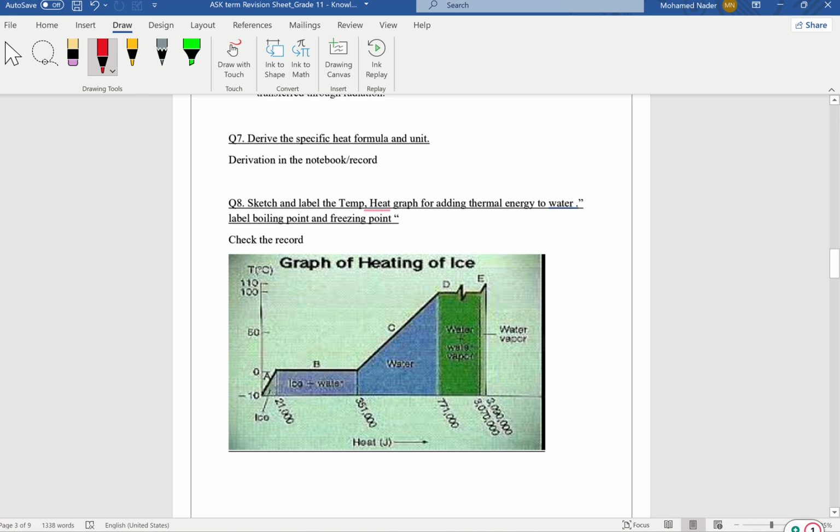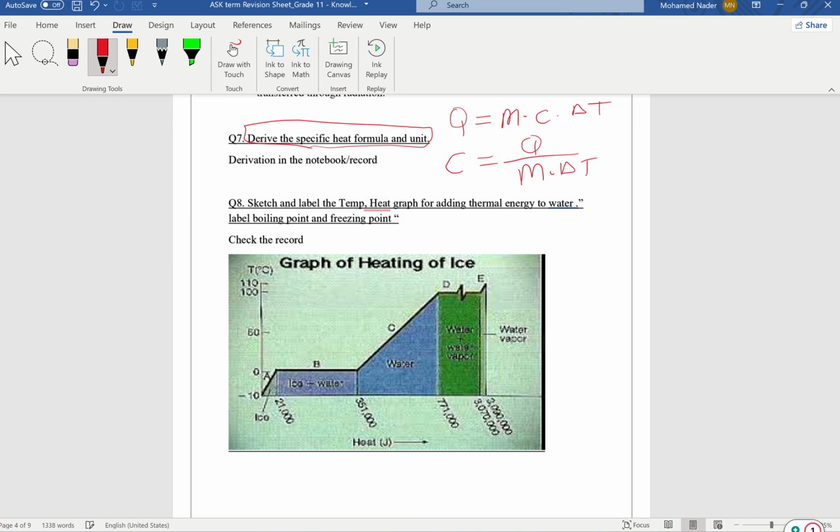Here we have an important derivation where you need to derive the specific heat formula and unit. So we can say here that we know that Q equals m times c, the specific heat, times the change in temperature, which means that the specific heat equals Q divided by mass multiplied by the change in temperature.